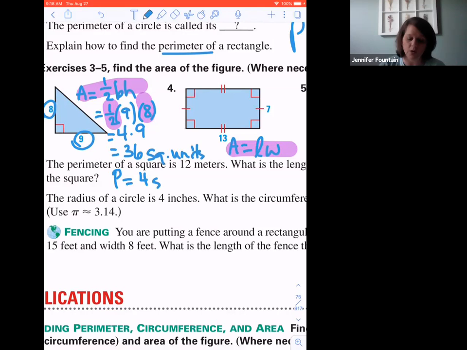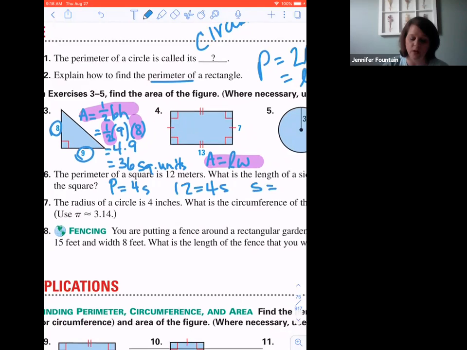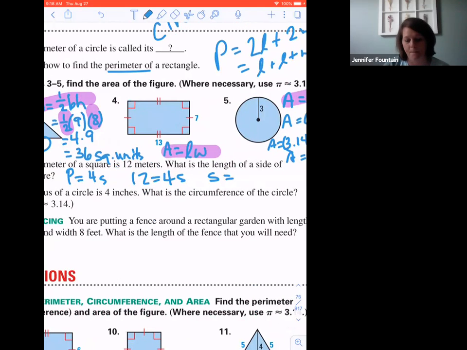If they already told us that the perimeter is 12, 12 equals 4s. So how much is each side going to equal? 3 meters. Because I would divide by 4, and find that s is equal to 3.